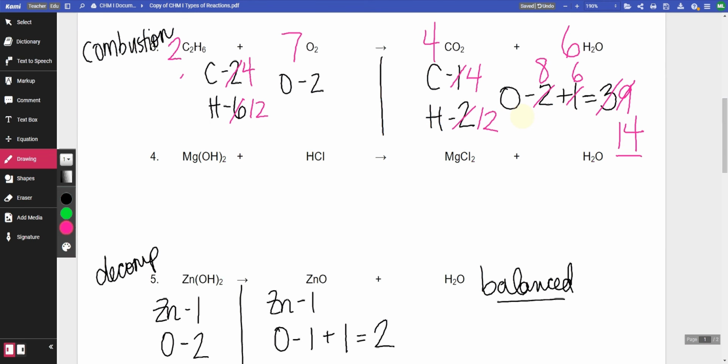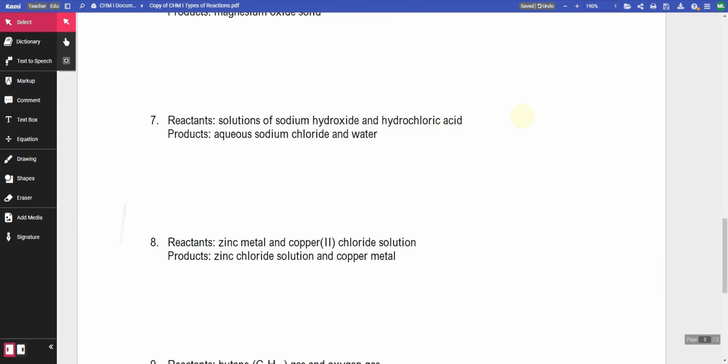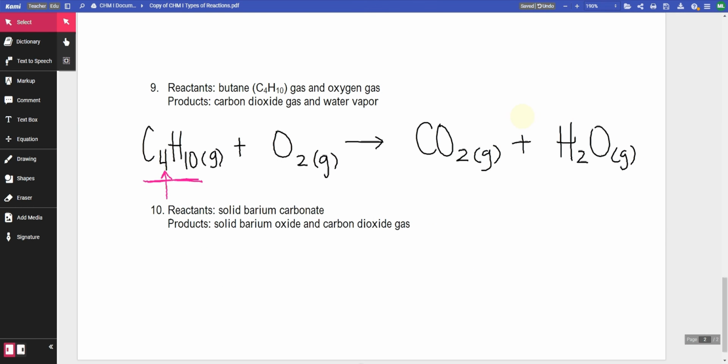So that meant that we're going to have to double. Sorry, I just pointed at the H's. I meant to go right there. So when you have an even number of carbons on a combustion reaction, then that means that we're going to do the doubling. We're going to put a 2. So that 2 will go in front.